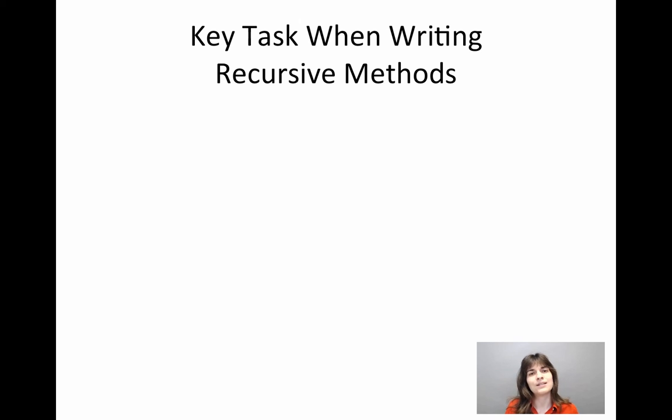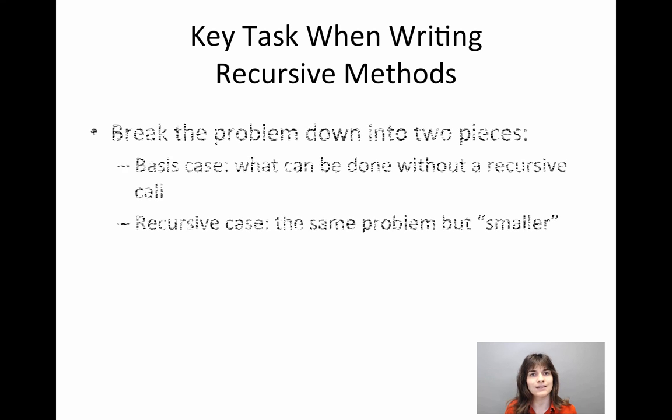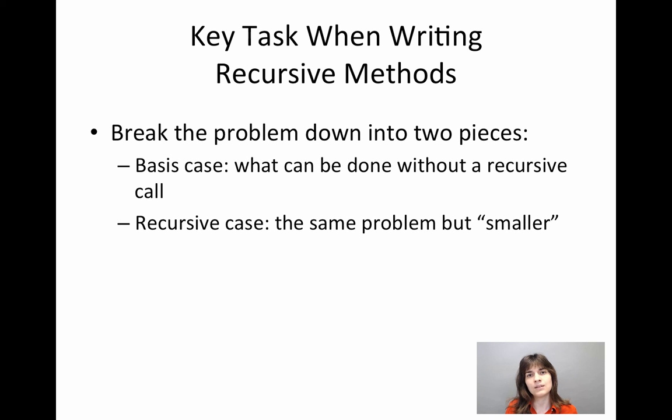To conclude, when we are writing recursive methods, we have in mind a key task. And what is that? Breaking the problem into the base cases and the recursive case. And in the recursive case, we're solving a similar kind of problem, but a smaller version of that problem.